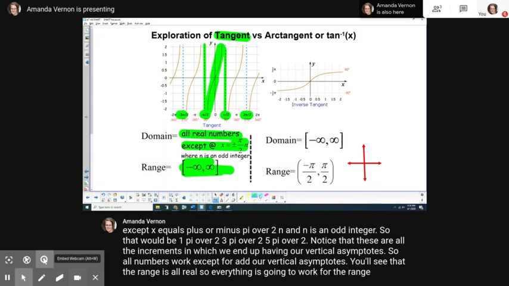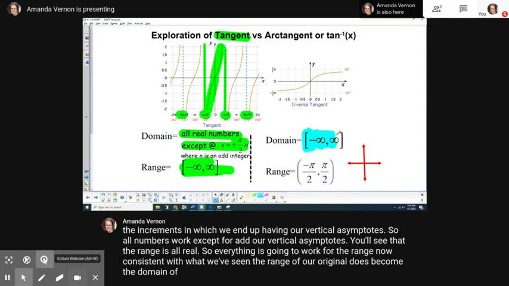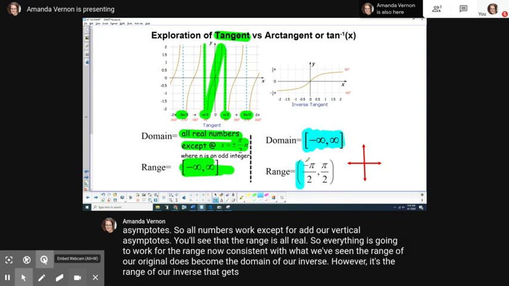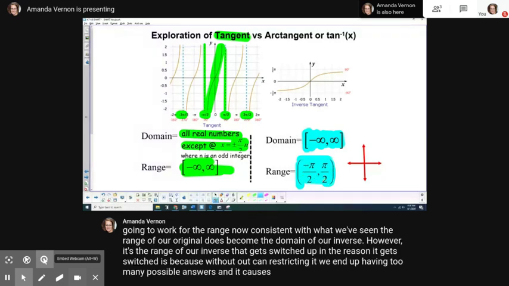Now, consistent with what we've seen, the range of our original does become the domain of our inverse. However, it's the range of our inverse that gets switched up. And the reason it gets switched is because without restricting it, we end up having too many possible answers, and it causes us a little bit of trouble.